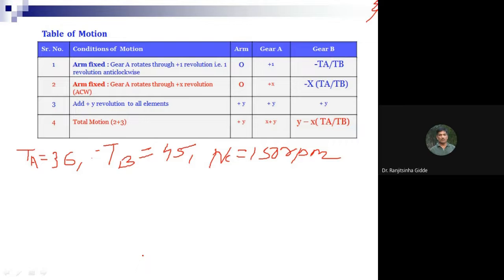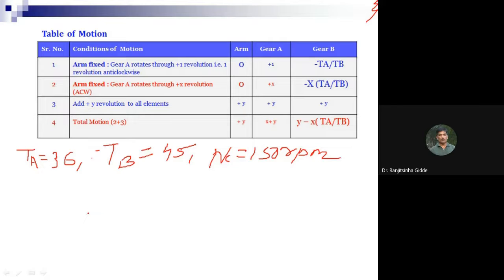Now here, the first condition I will read. If the arm rotates at 150 RPM in the anticlockwise direction about the center of gear A, which is fixed. Center of gear A, which is fixed.